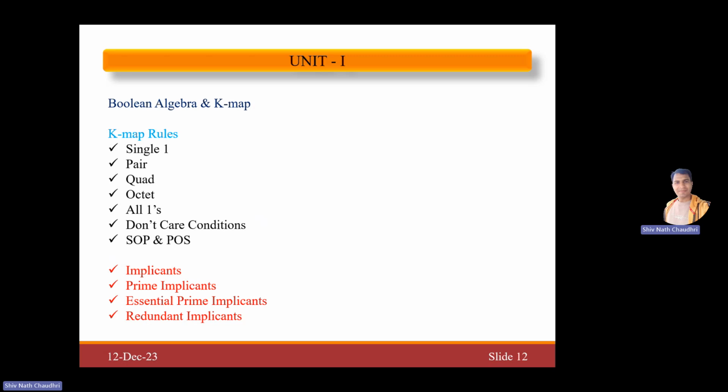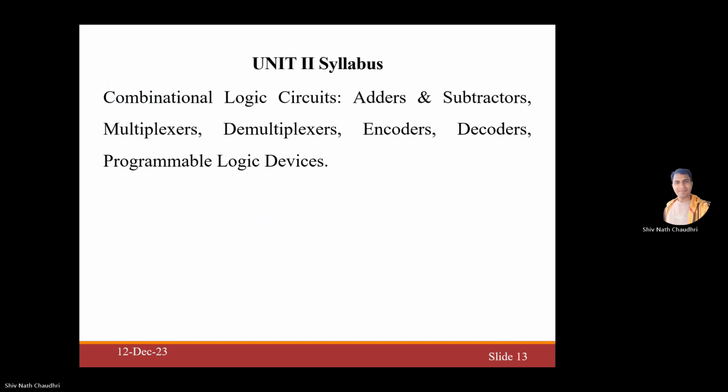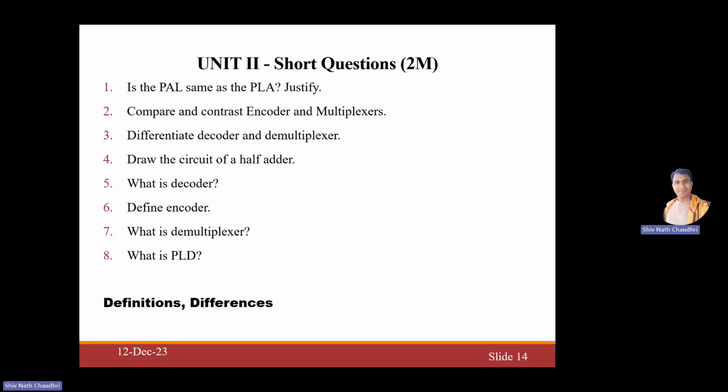In unit 2, the syllabus is combinational logic circuits: adders, subtractors, multiplexers, demultiplexers, encoders, decoders, and programmable logic devices. Based on the unit 2 syllabus, these 8 questions were asked for 2 marks.